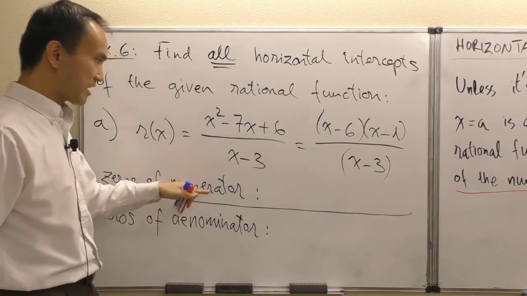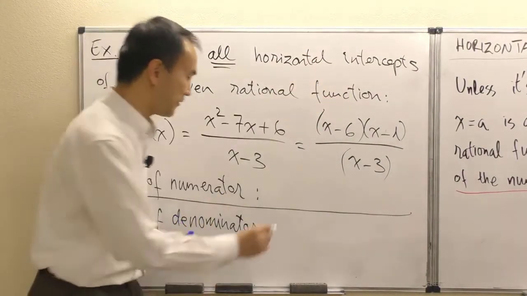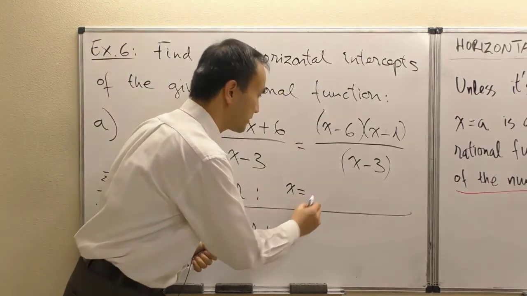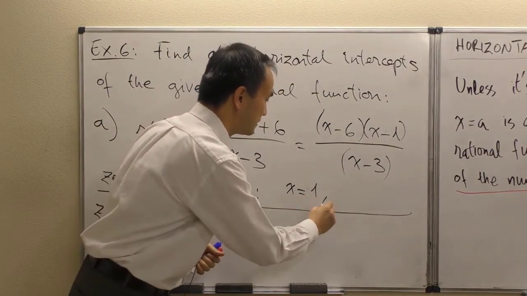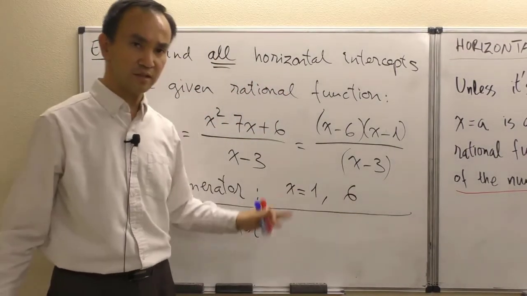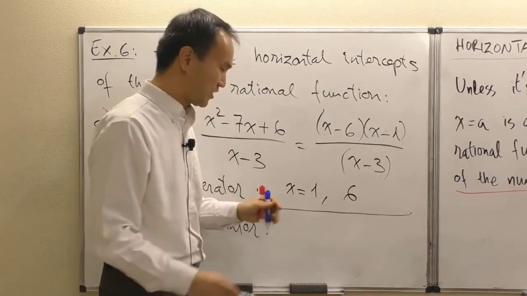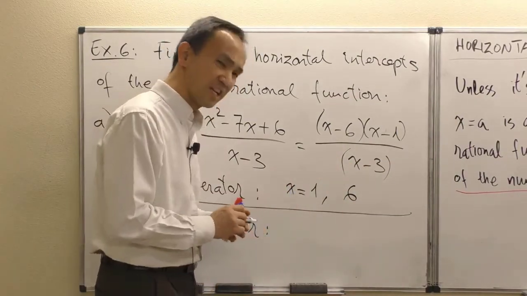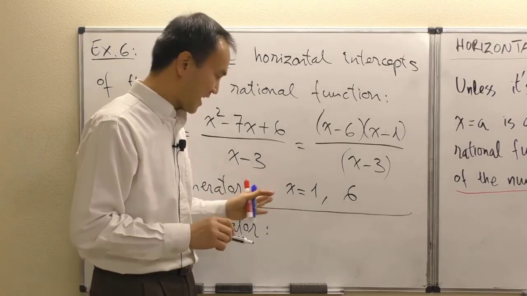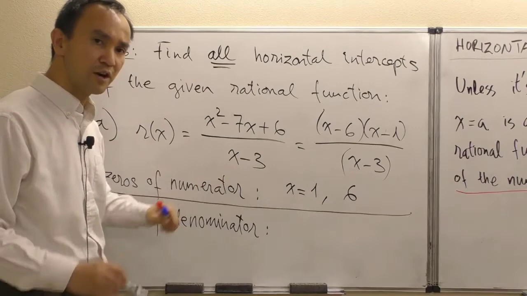For the numerator, from this expression in factored form, I found x equals 1 and x equals 6. You can write it x equals 1 comma 6, or x equals 1 comma x equals 6. That's one complete list of all zeros of the numerator.